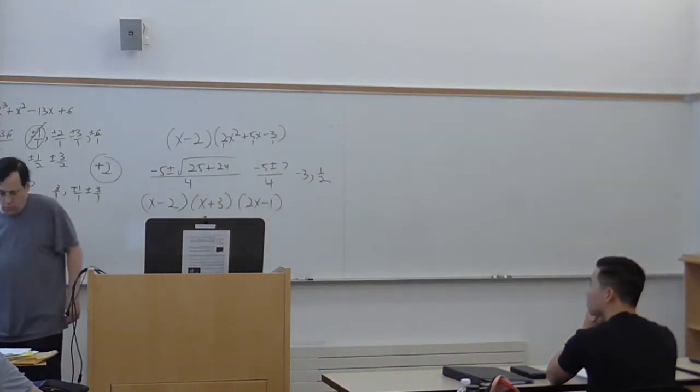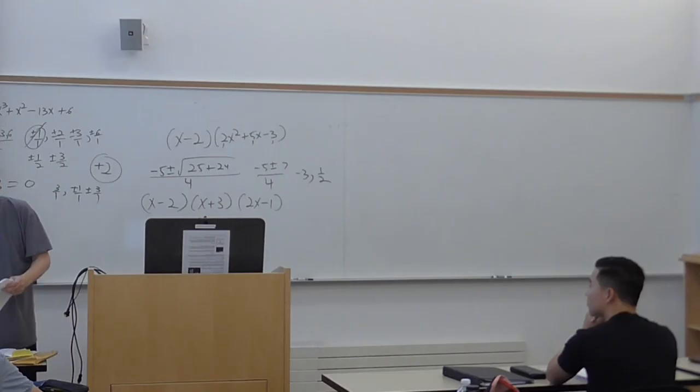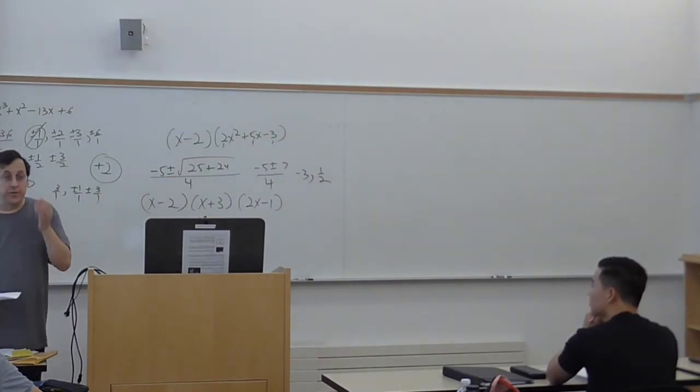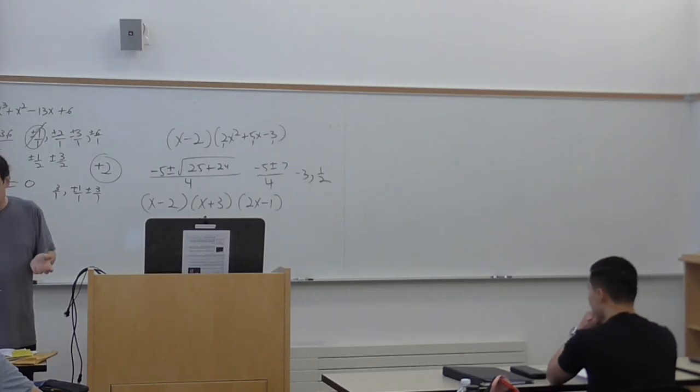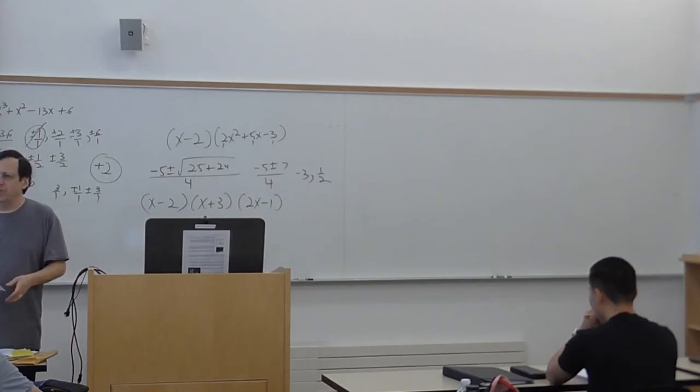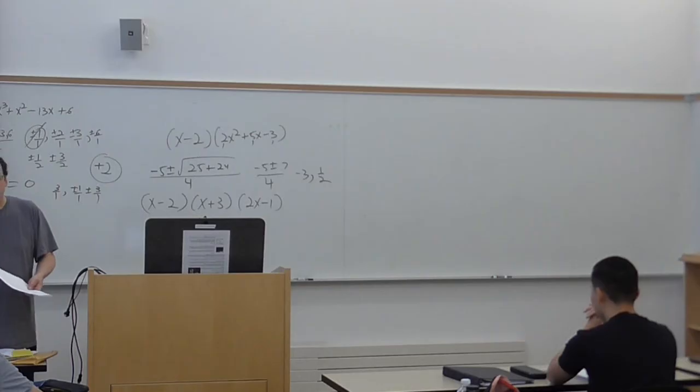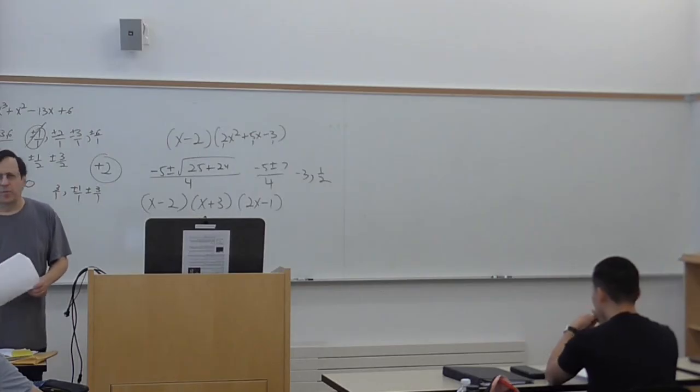So, in particular, they tell you about Descartes' rule of signs. You might do it on a homework problem, you might look it up, and you might figure it out, but you're not going to remember it. There's no reason to remember it.